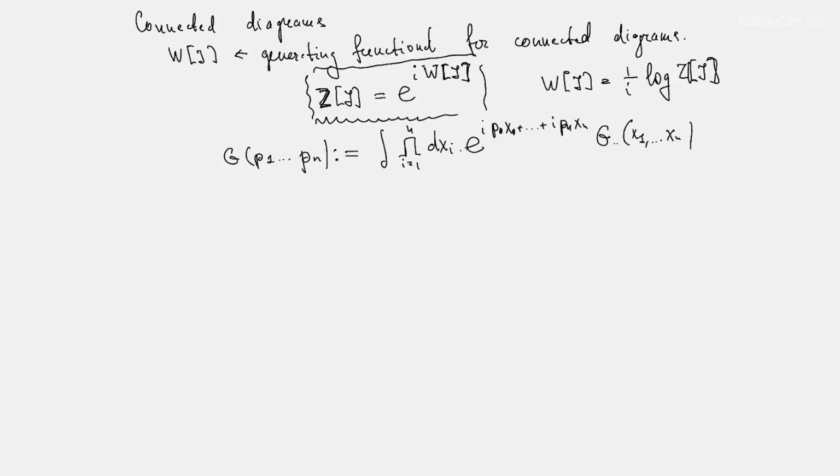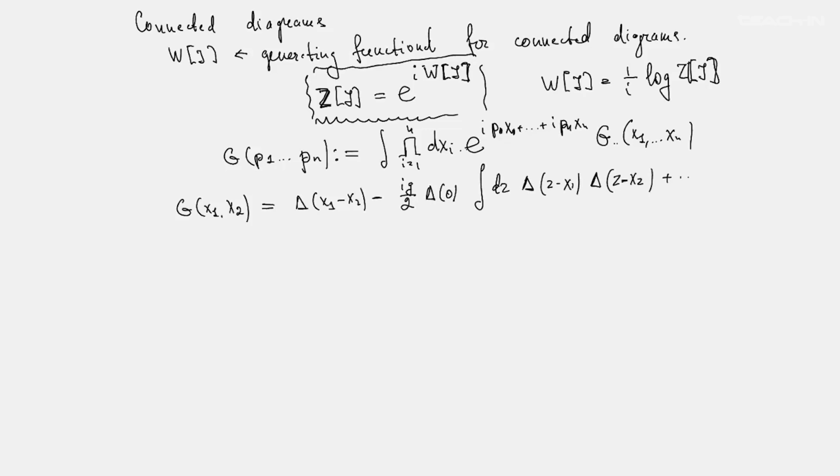Now let's look at a concrete example, again using our scalar field. For the 2-point function, at leading order of perturbation theory, we have already established that the expression is the Feynman propagator of x1 minus x2, and then there is ig over 2 Δ(0) times the integral dz Δ(z minus x1) Δ(z minus x2), plus higher order terms.